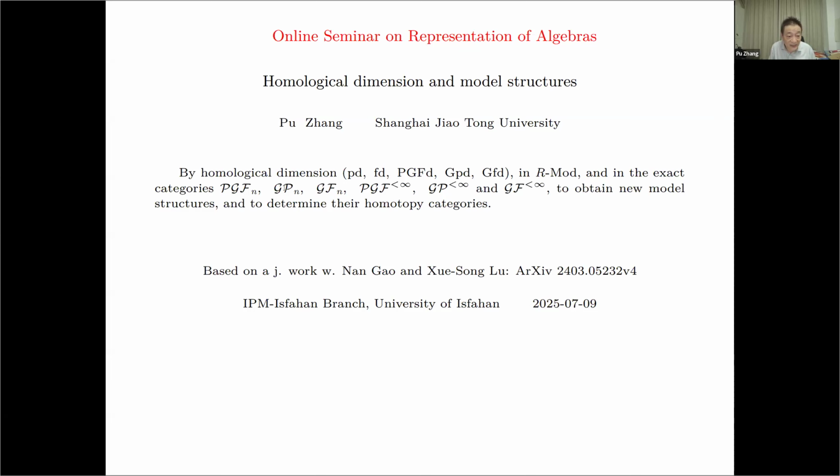So this is the class of modules. GP_n means the class of modules with Gorenstein projective dimension no more than n. All these are exact categories. In these exact categories, we will obtain new model structures and determine their homotopy categories.